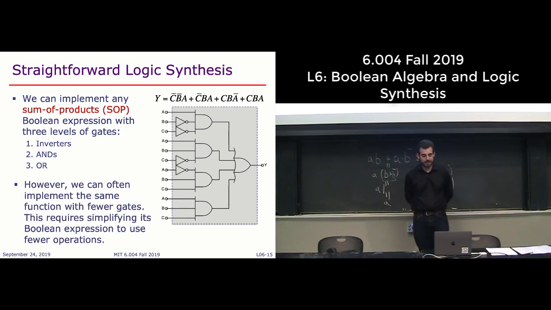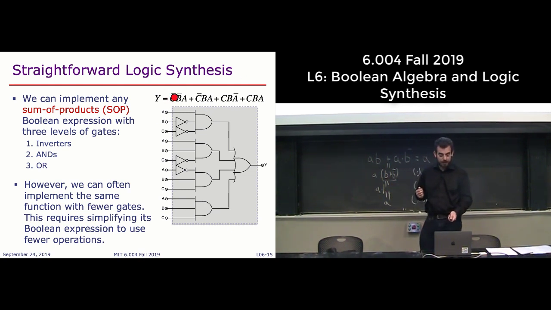And the reason is that this Boolean expression itself is more complex than it needs to be. You start looking at it, you'll see that there are ways that it can be simplified. Basically, you see that each of these ANDs turns into either an AND gate or an AND gate with more inputs. AND gates with more inputs are more expensive.